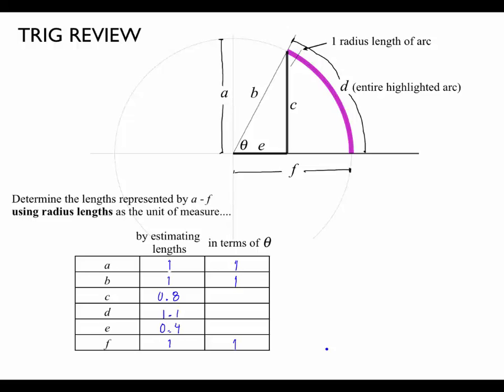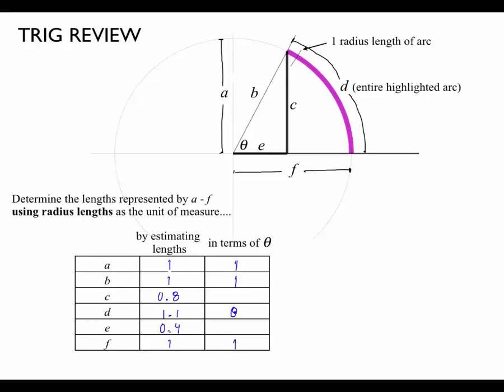Okay, what about C? How do we measure C, that height, in radius lengths in terms of theta? That's what sine is. We should probably do D first. So what about D? How many radius lengths is D if that angle is theta radians? It's theta.